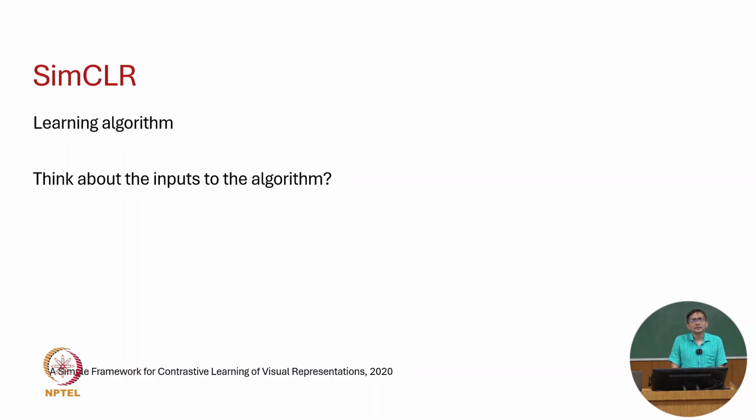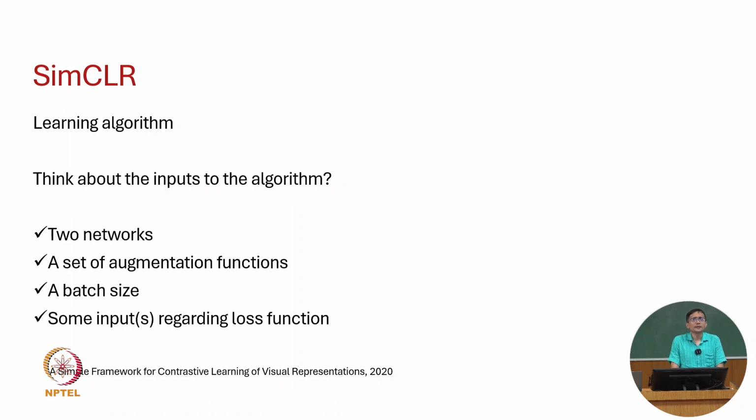To discuss the learning algorithm of SimCLR, one of the popular and early self-supervised contrastive learning approaches, let us first think about what all would be the inputs to the SimCLR algorithm.